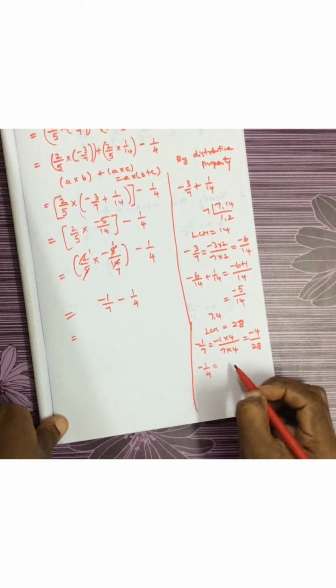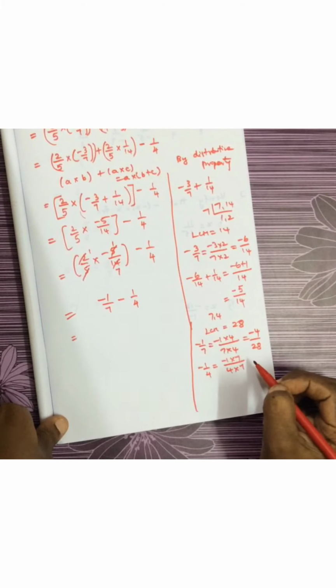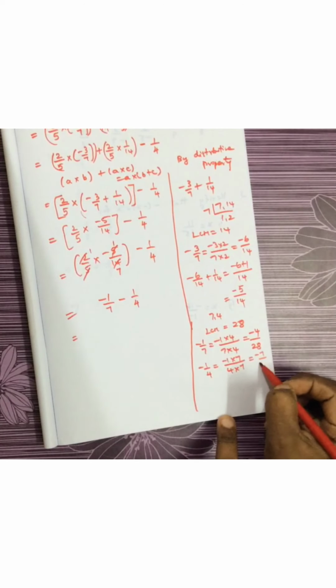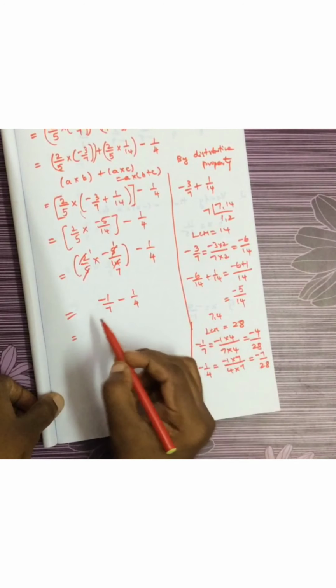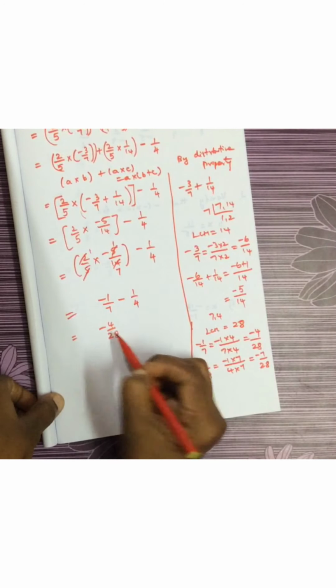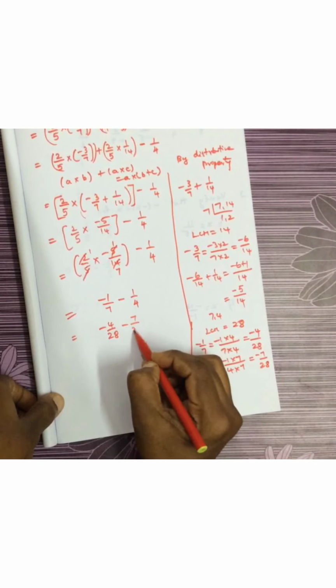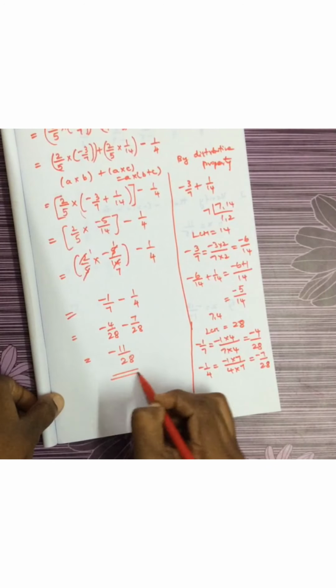Minus 1 by 4, 7, minus 1 multiplied by 7 equals minus 7 by 28. Minus 1 by 7 is replaced by minus 4 by 28. Minus 1 by 4 is replaced by minus 7 by 28. That is equal to minus 11 by 28.